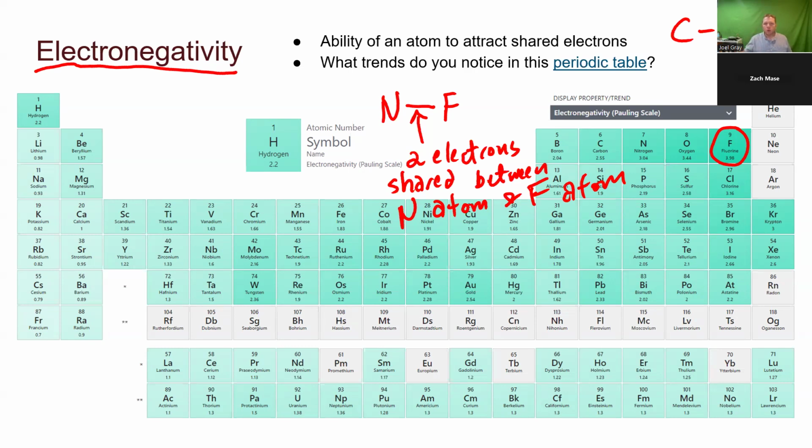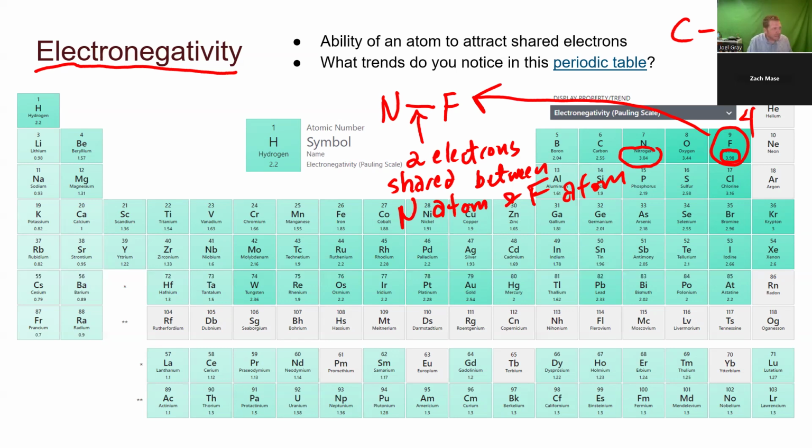The same sort of thing happens here. Fluorine is the most electronegative element. And it has a score, you could say, of here it reads 3.98, but you could basically call it a score of 4. Nitrogen has an electronegativity of 3. Okay. So the highest electronegativity is 4, the lowest is basically 0.